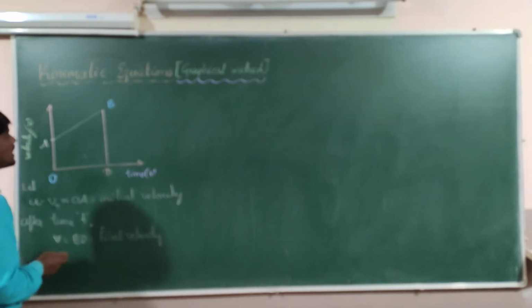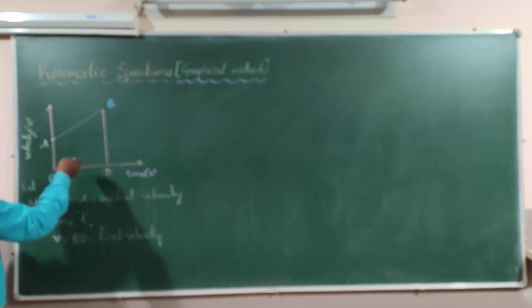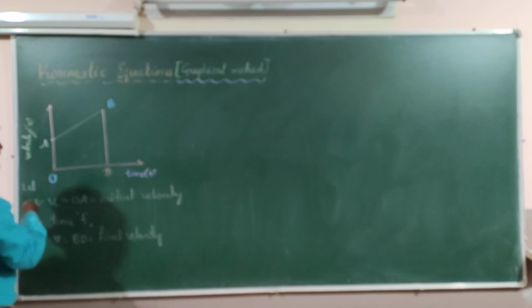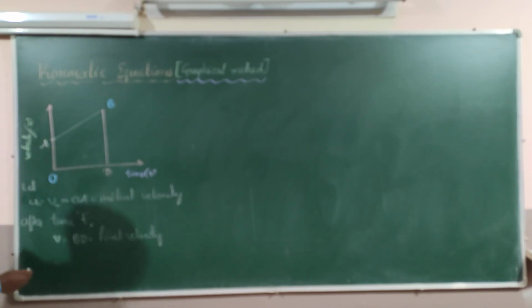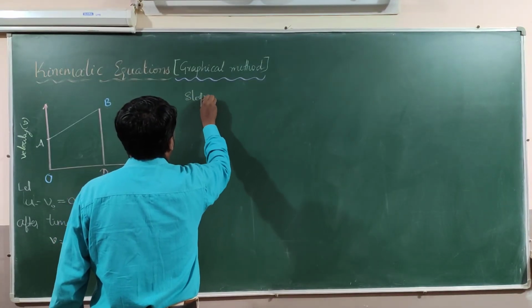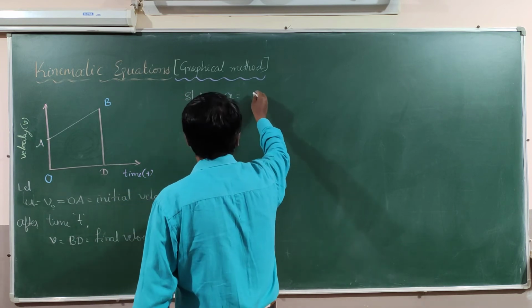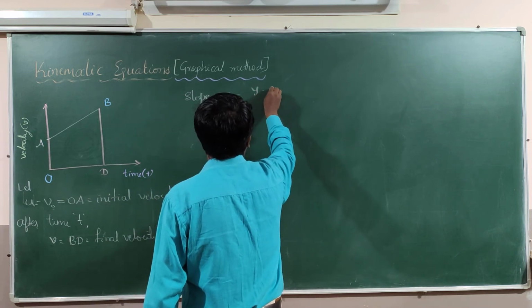Now, friends, what I said a couple of minutes back: area under the curve will give the displacement, and slope will give the acceleration. So I want to calculate the slope. How to calculate slope? Slope is equal to y-axis divided by x-axis.